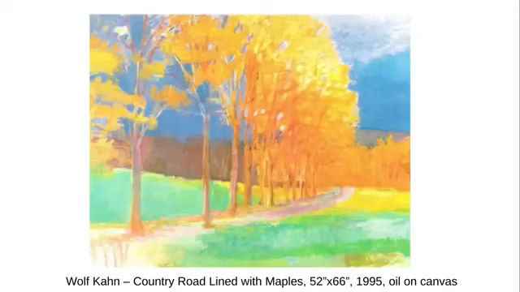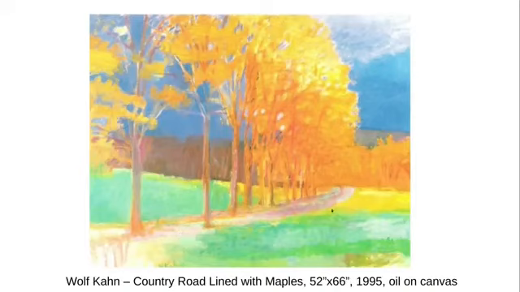Wolf Kahn. Here's a painting from 1995. He's known for, especially in his later work, for this sort of extreme use of color. It's kind of a personal joy that he finds in painting with this intense color, these vibrant uses of color. And again, we could think about how just the complementary colors of orange and blue on the color wheel, opposite each other on the color wheel, and think about how the orange of the trees push forward, the blue of the sky pushes backward.